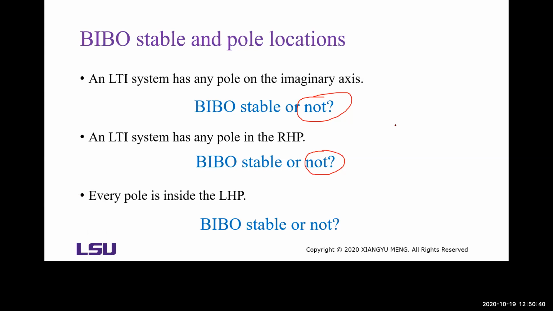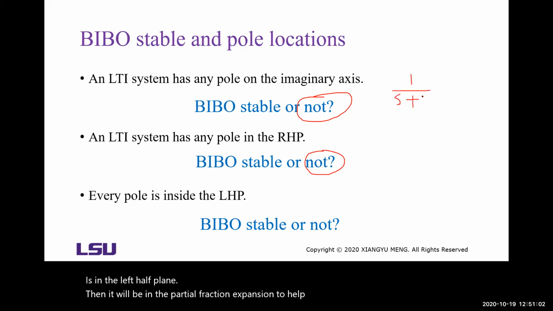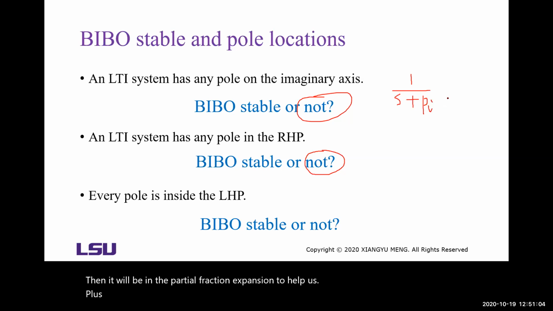Again, if every pole is in the left half plane, then in the partial fraction expansion we have terms with s plus p_i, where the real part of p_i is greater than 0.